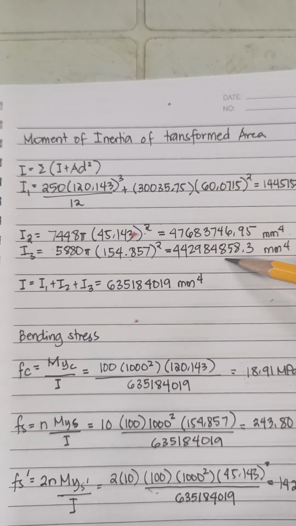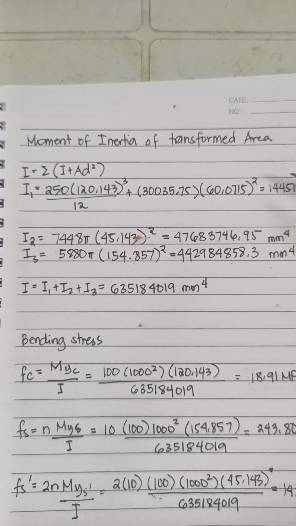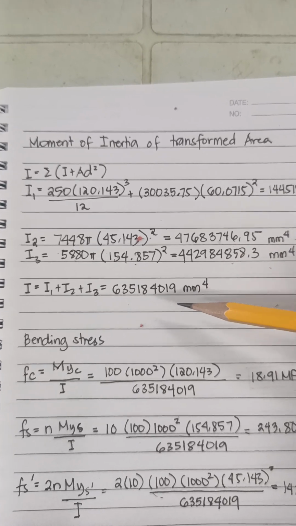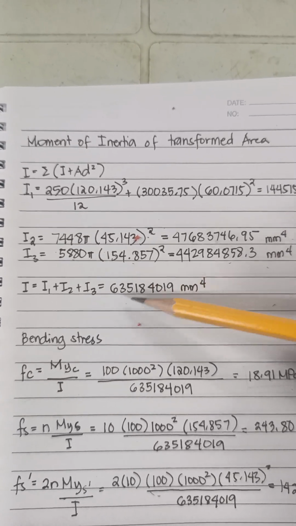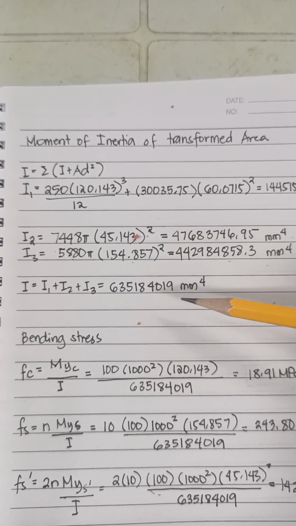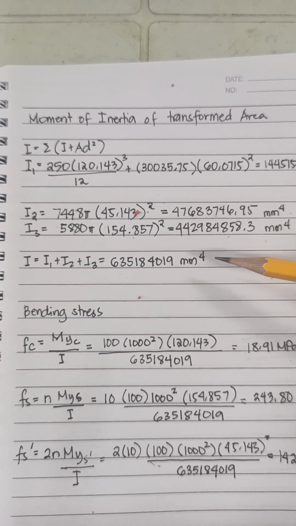So we have here the value. Adding all the moments of inertia, we have a total moment of inertia of 635,184,019 millimeter raised to 4.